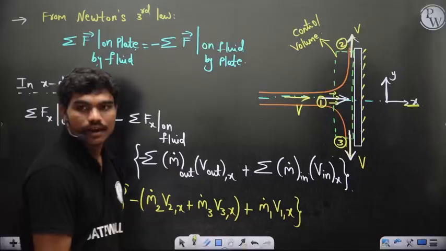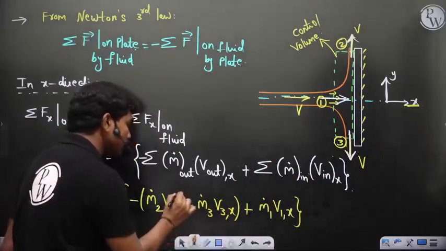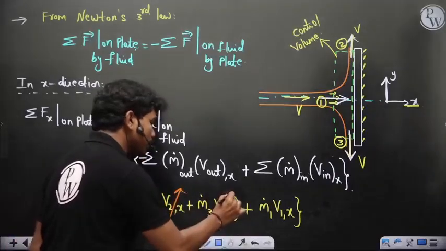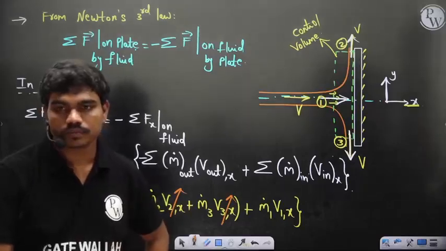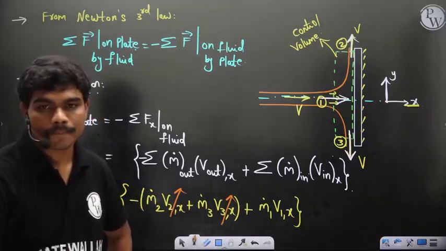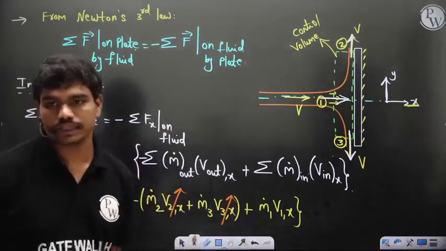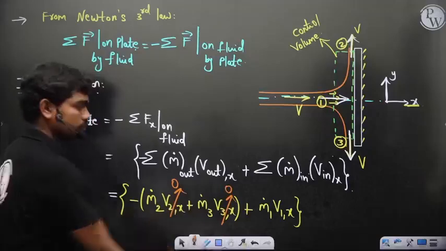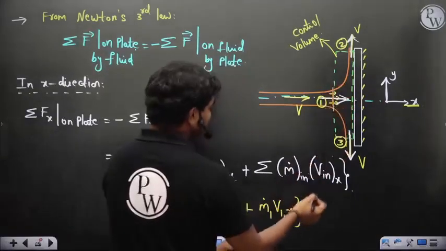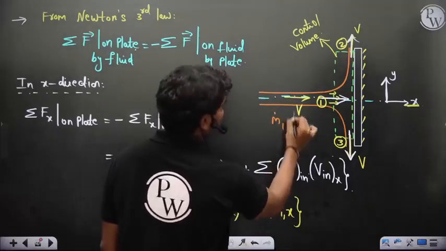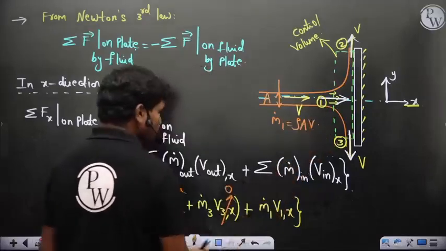But you can observe v2x means the x component of velocity at section 2, and the x component of velocity at section 3. How much are these two? Tell me, v2x and v3x, how much? 0. Great. Then at this section, let's say this is fixed, so m dot 1 is, if the jet area is A and the jet diameter is d, you can calculate, m dot 1 is ρAV.